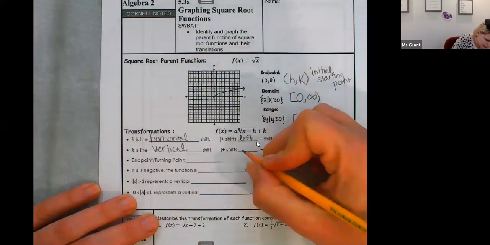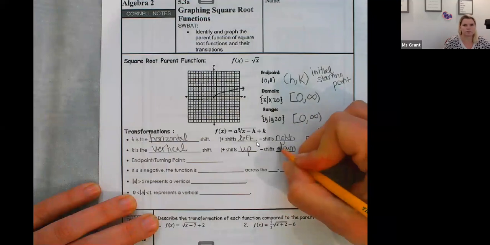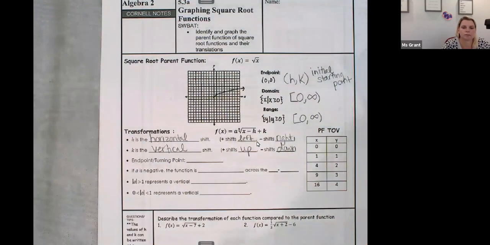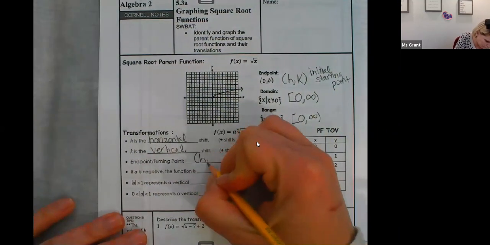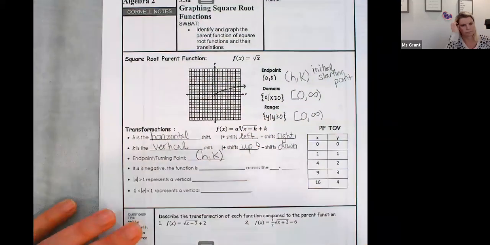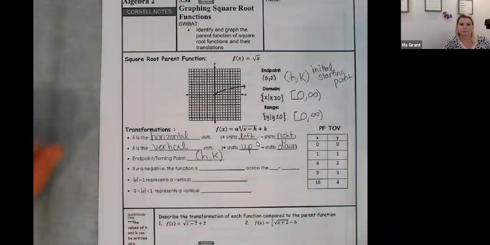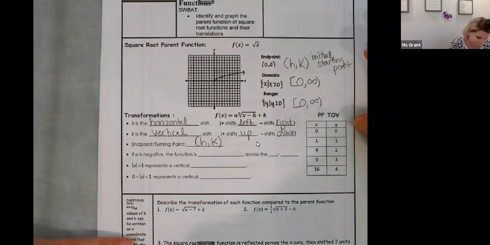The positive shifts up, the negative shifts down. My endpoint or turning point is going to be my h, k. Initial starting point, we also call it.